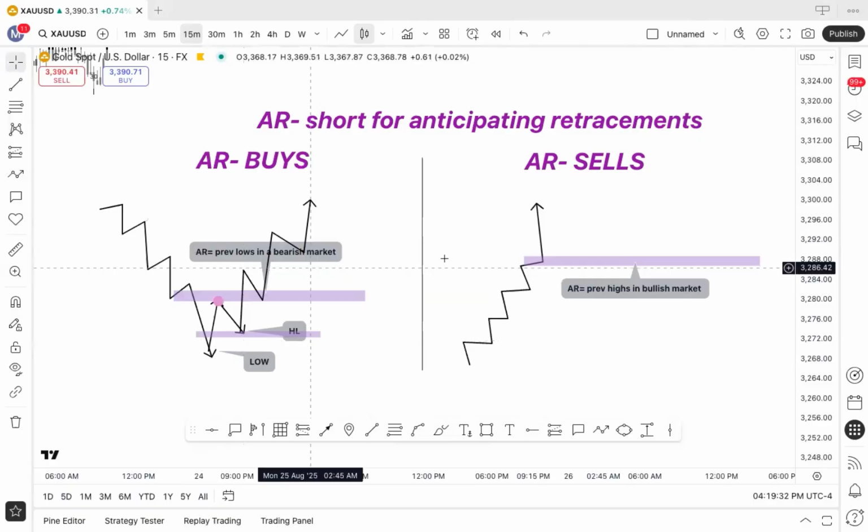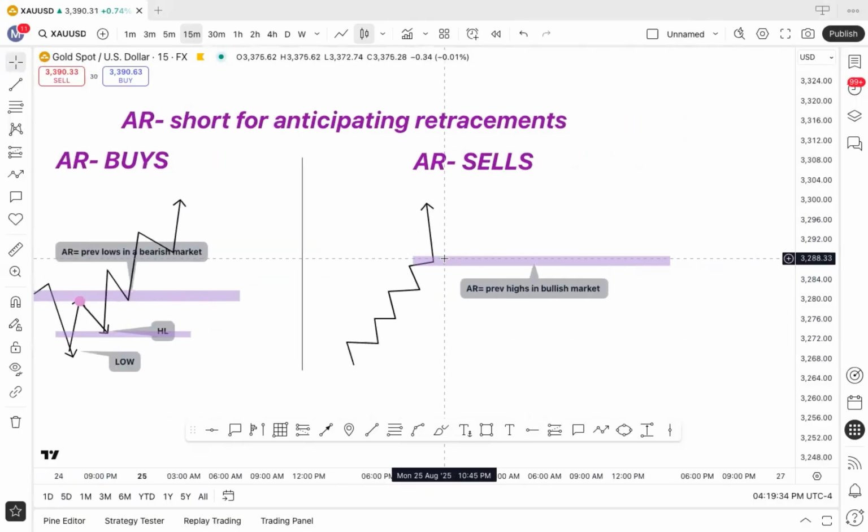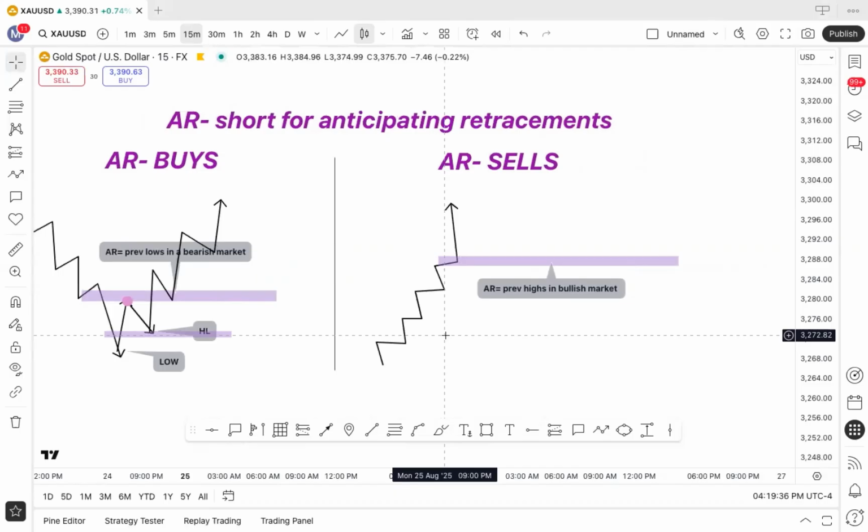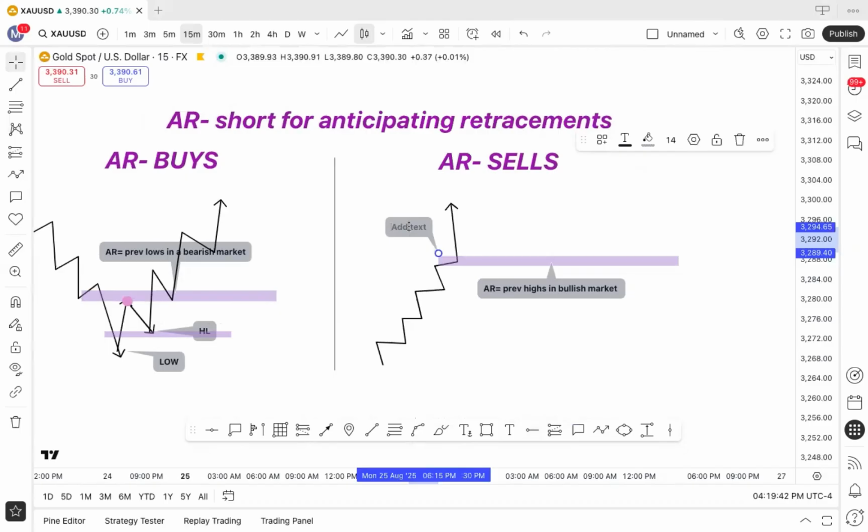So that being said, guys, for anticipating retracements, AR levels for sells are going to be previous highs in a bullish market.